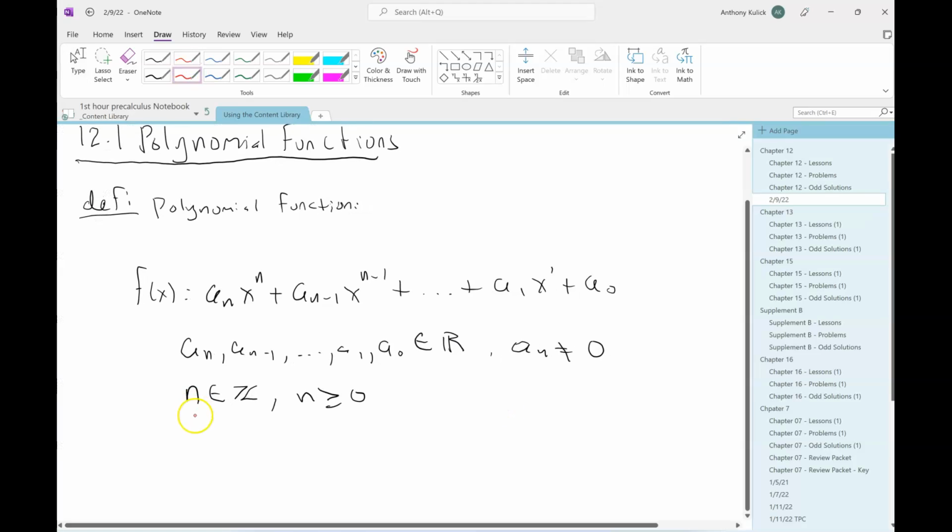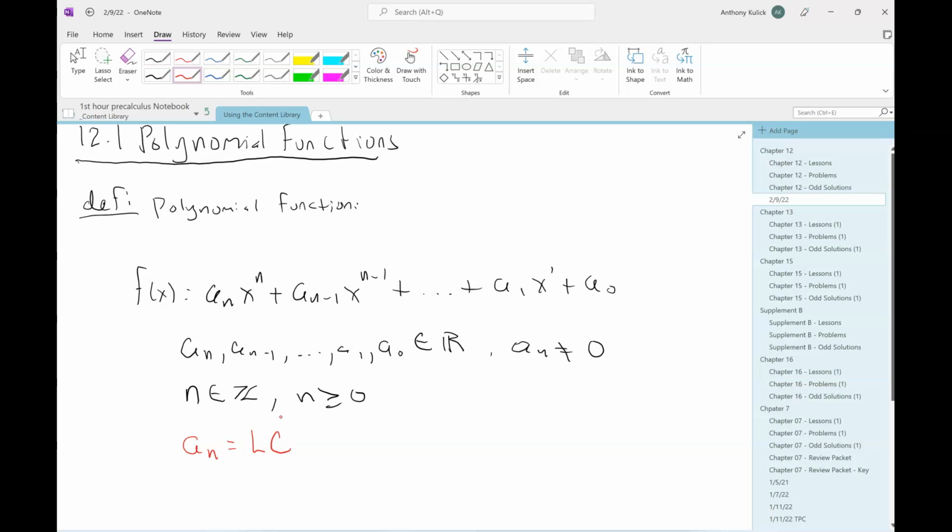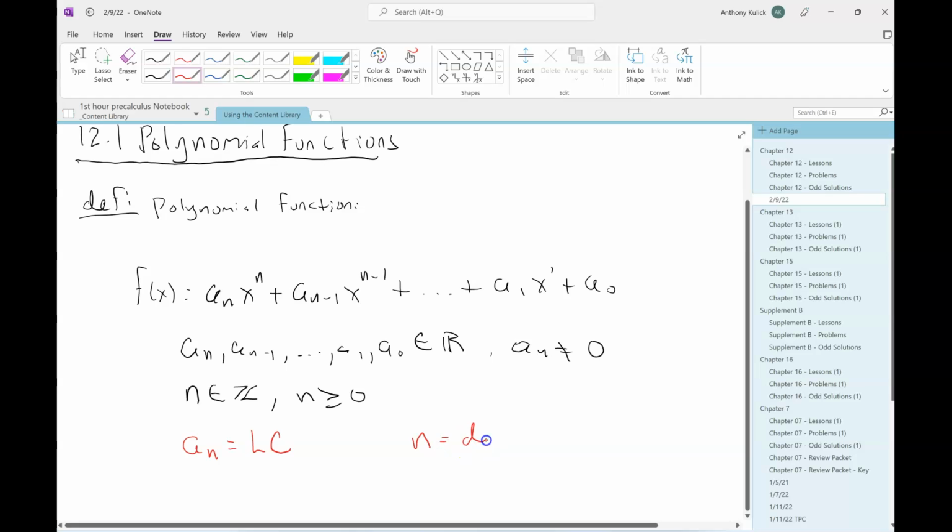So a little aside, a couple of pieces of vocab here. We say that the coefficient a sub n is the leading coefficient. I'm just going to abbreviate that as LC. And we call n the degree of the polynomial.